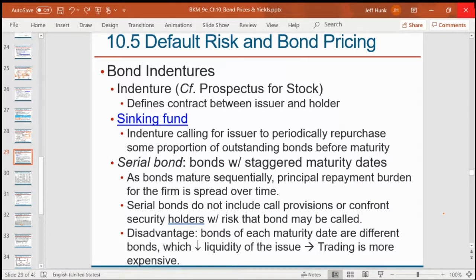In other words, it lowers the default risk of the bond. Why? Suppose company A issued $10 billion worth of bonds. $10 billion is a lot of money. And let's say this is a 10-year bond. How do you think they will pay back at maturity, when 10 years are up? How do you think they will come up with $10 billion?